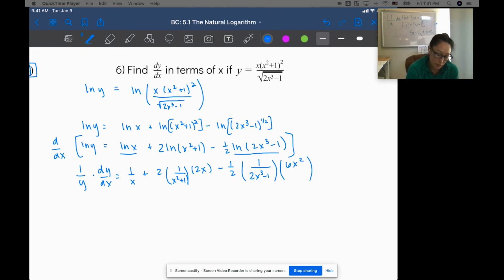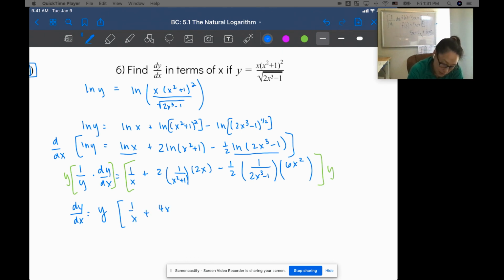All right, solving for dy/dx, we're going to multiply both sides by y. Okay, and I get dy/dx is equal to y times 1 over x, and then we'll simplify, plus 4x over x squared plus 1 minus, it looks like the 2 and the 6 are going to cancel to give me a 3, so 3x squared over 2x cubed minus 1.